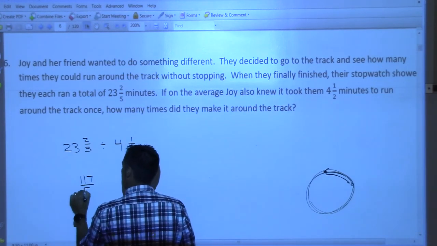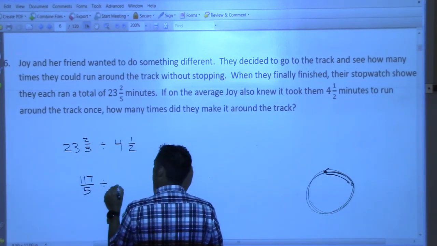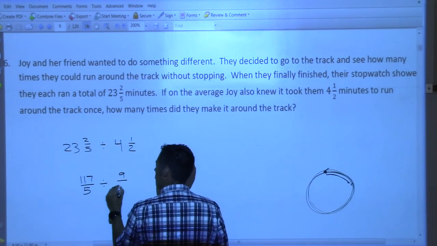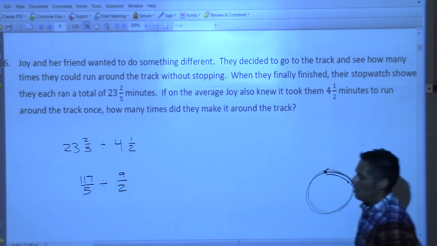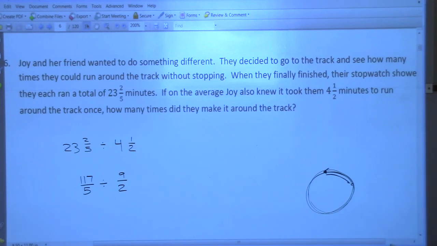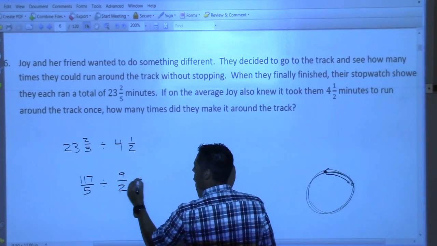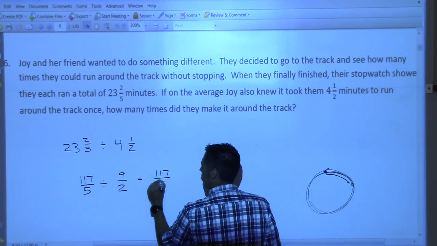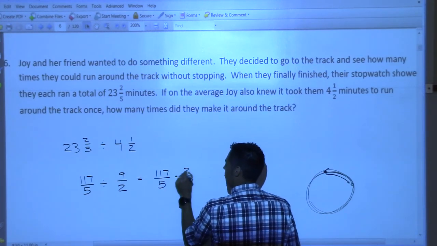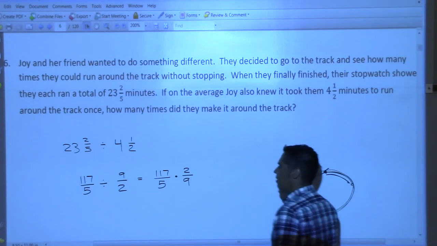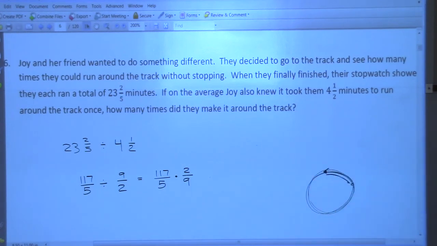And then divided by, this one I can do, 9/2. And then flip, right? What did you say? Stay, copy, dot, flip. I like that. Copy dot flip.